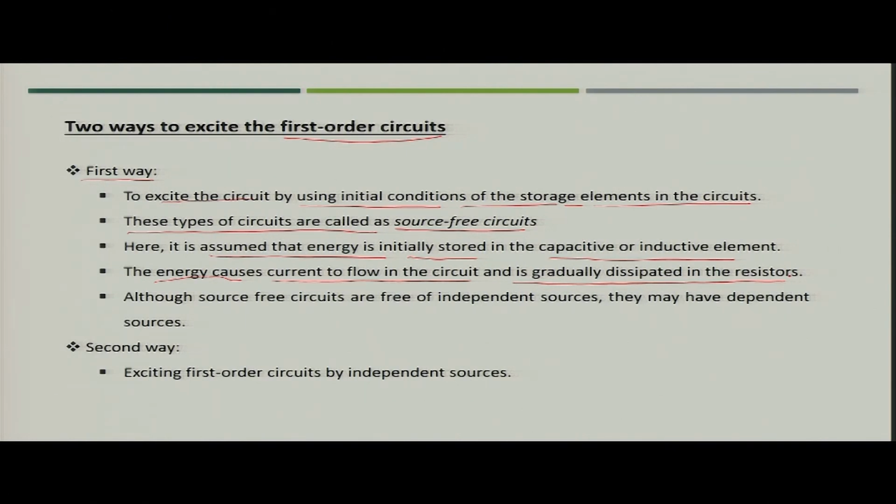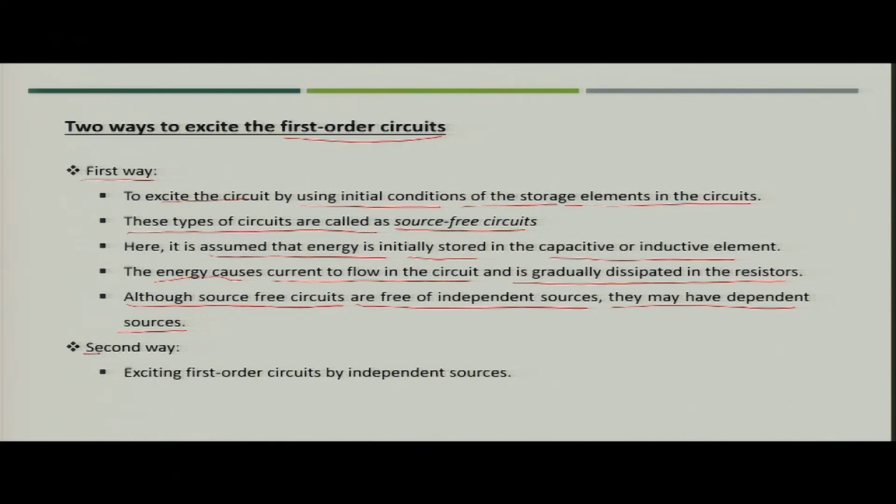So, the resistive component is responsible for gradually dissipating the energy previously stored in the capacitor or inductor. Although it is a source free circuit, meaning free of independent sources, there may be some dependent sources. We will see those cases as we progress in this lecture.